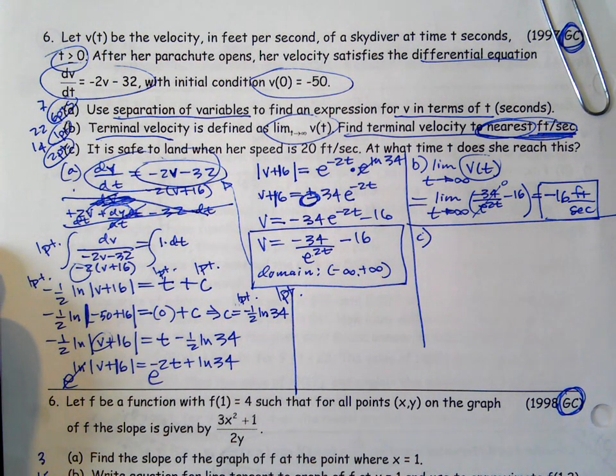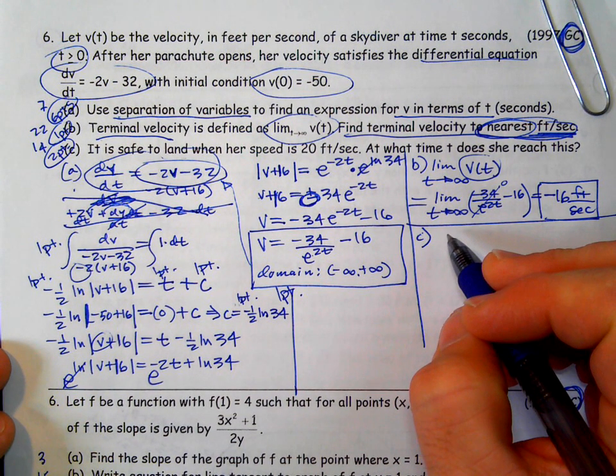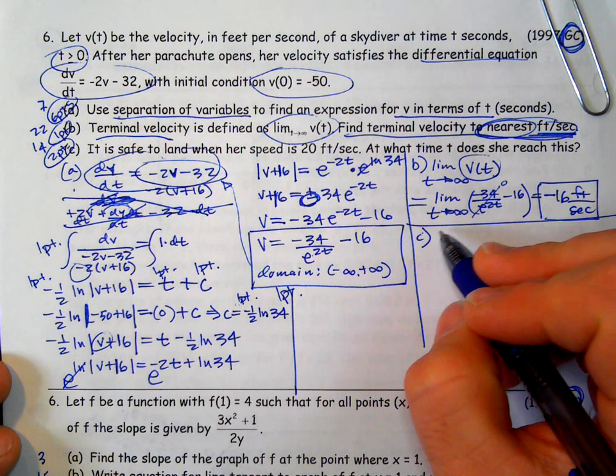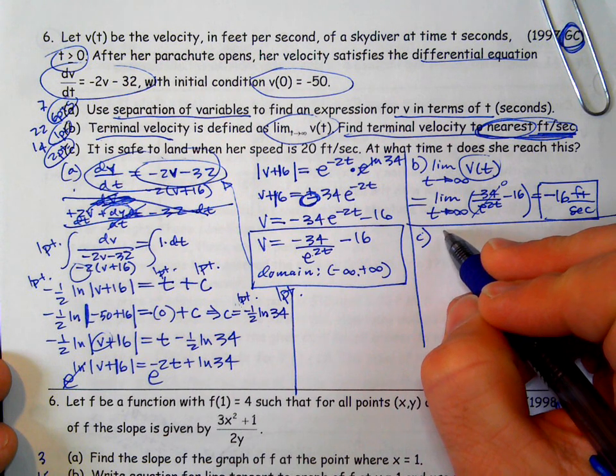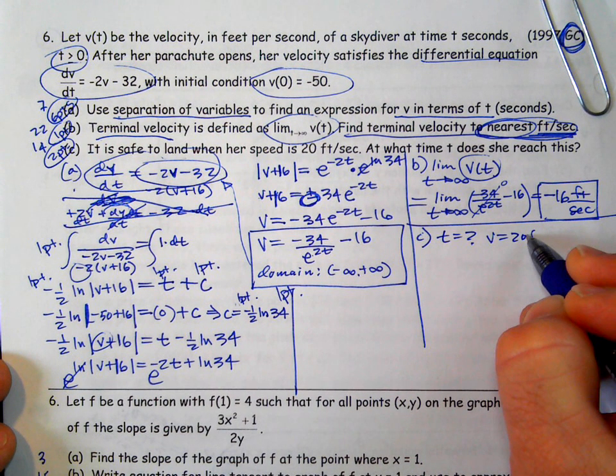Part C says, it is safe to land when her speed is 20 feet per second. At what time t does she reach this? So you want to figure out, what does t equal when her velocity equals 20 feet per second?